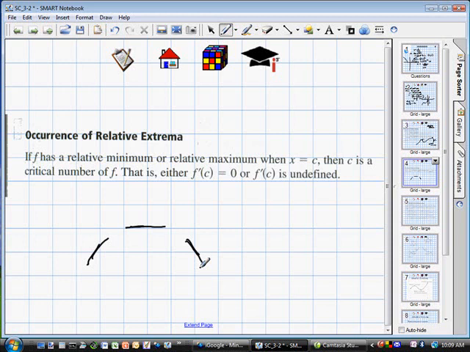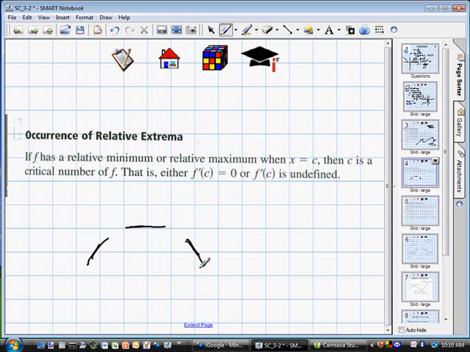I'll explain. What you can do is also calculate the second derivative. So you've already got f prime of x. Go ahead, take a few minutes and find f double prime of x. And if f double prime of x at your critical value you already found is positive, it tells you the graph is concave up, which means you've got a relative minimum.